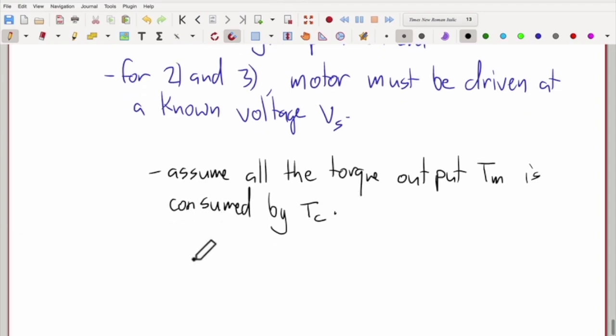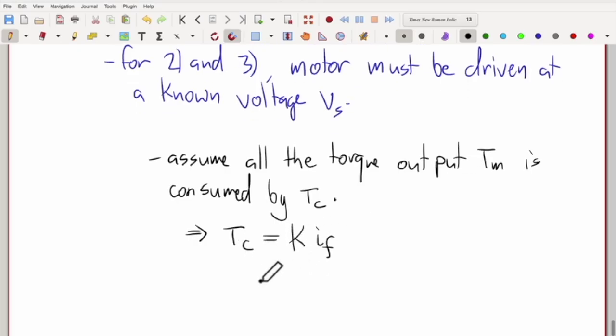Therefore, we can conclude that Tc is equal to K, this motor torque constant, times this free running current that the motor consumes when it's spinning. So the magnetic torque Tm is equal to Tc here. So Tm is equal to K times If equals Tc.